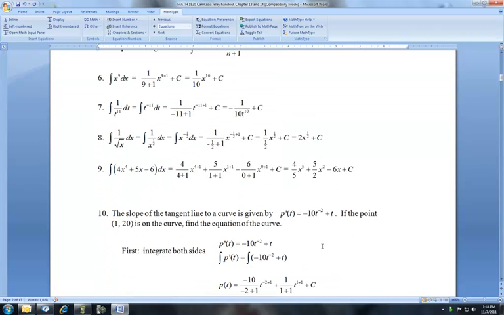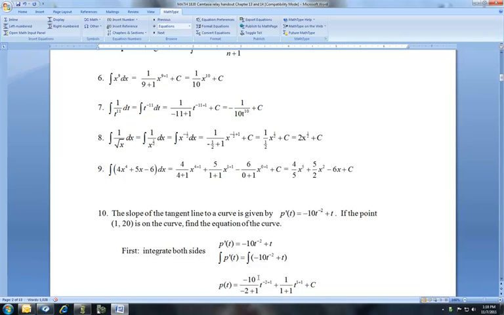Now here's a problem where we can go find the exact equation. So the slope of the tangent line to a curve is given by this function. The point (1, 20) is on that curve, so they want us to find the original equation. So I integrate both sides because I've got to get back to p of t. Integrate this side, I've got 2 pieces.